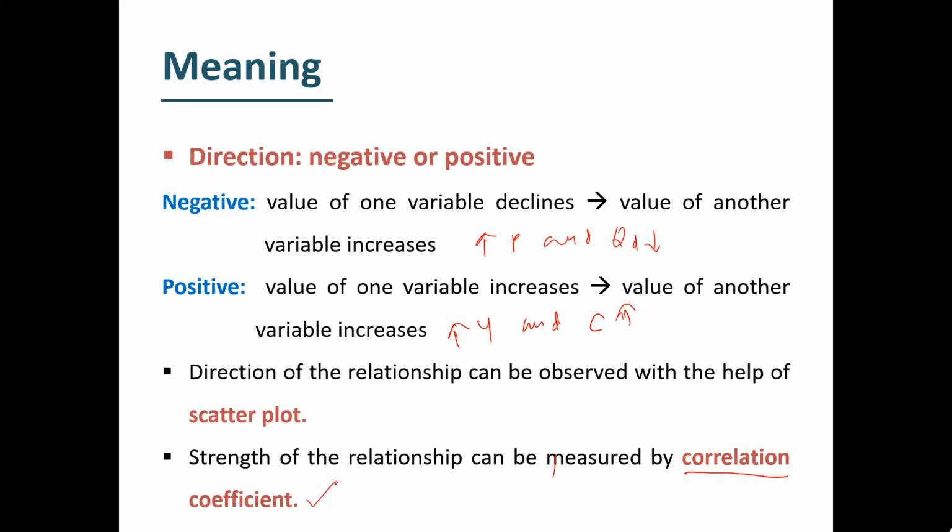But whether we have a strong, moderate, or weak association between price and quantity demanded, that we cannot identify with the help of a scatter plot, and we need the correlation coefficient to find the strength.